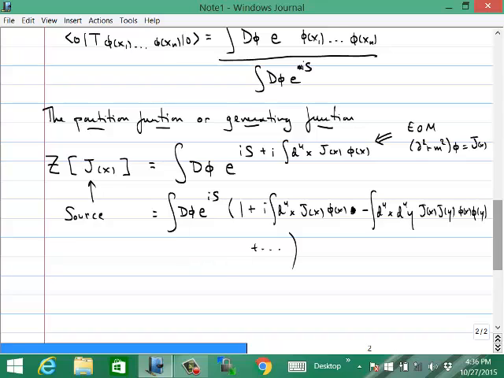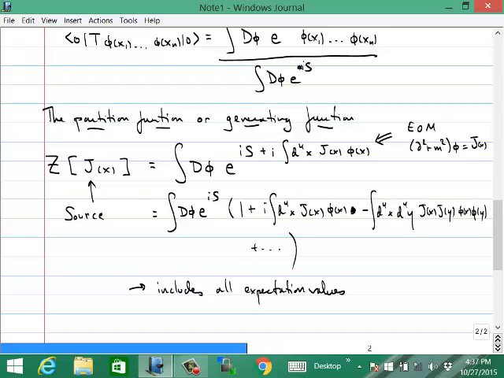The term that's cubic in J is exactly what we would need to compute the 3-point function, the correlation function of 3 phi's, and so on and so forth. So this partition function includes the data about all possible expectation values of the field that you might be interested in computing.